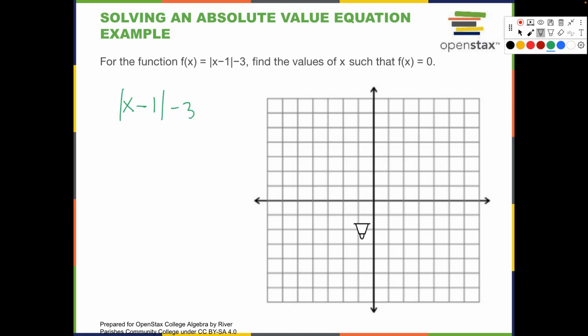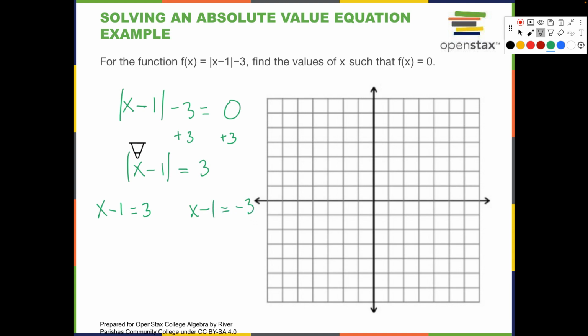You could do it by graphing, finding where it crosses the x-axis, or you could solve it by hand, wherever this is equal to 0. And again, we add 3 to both sides. Absolute value of x minus 1 equals 3. Now it's at this point that we've got the absolute value isolated. What do we do with it? We get x minus 1 equals 3, or x minus 1 equals negative 3.